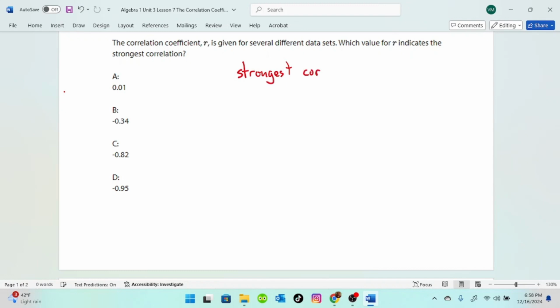Strongest correlation coefficients are +1 or -1.